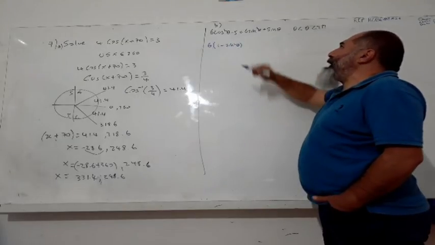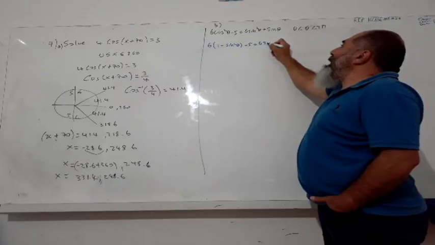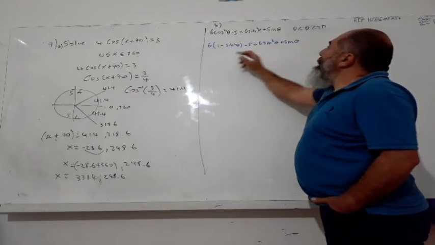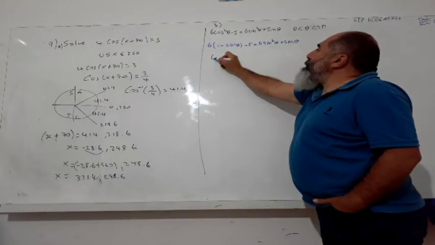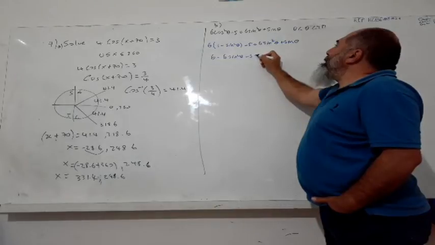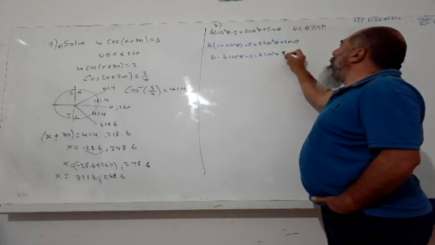So 6 minus 6 sine squared theta minus 5 is equal to 6 sine squared theta plus sine theta. 6 minus 5 is 1. 1 minus sine squared theta is equal to sine squared theta plus sine theta.